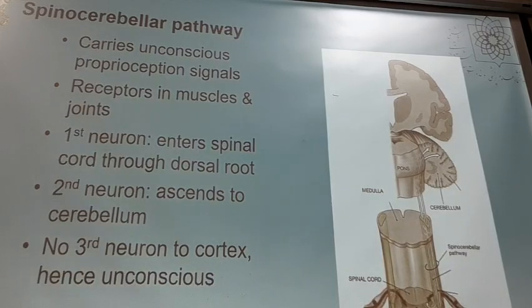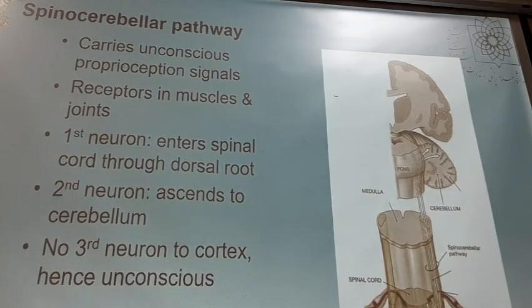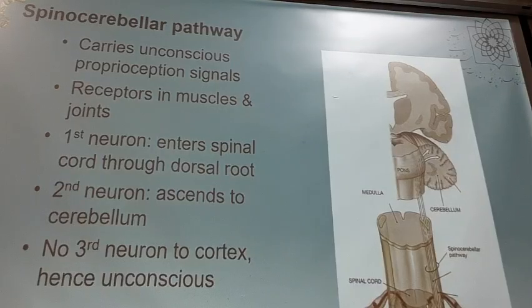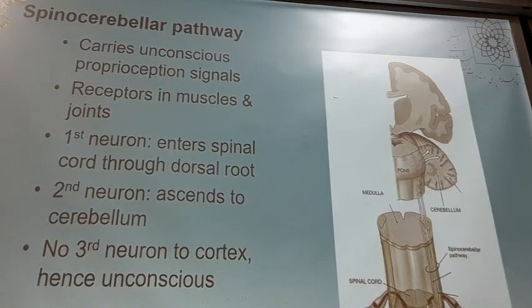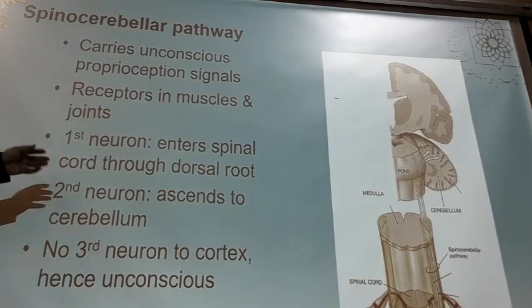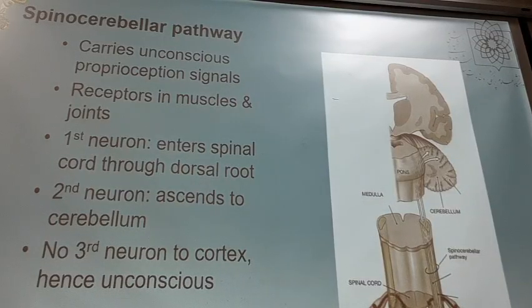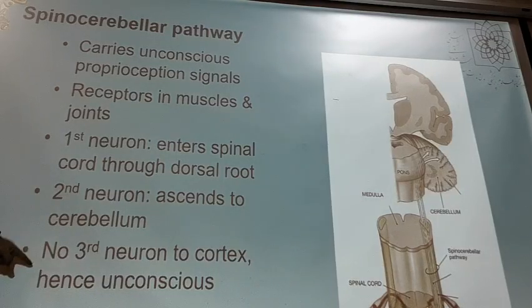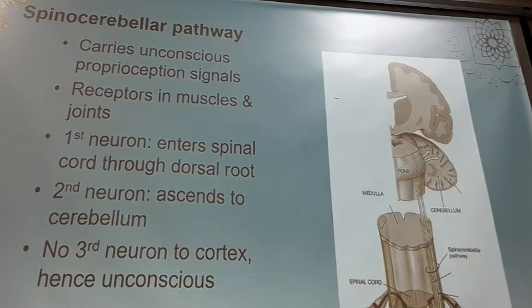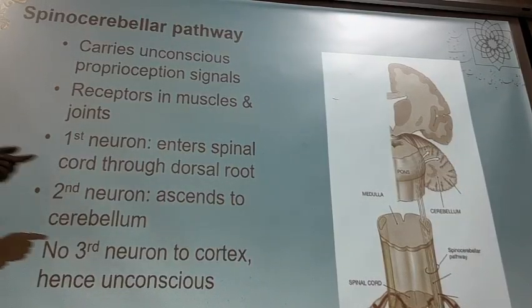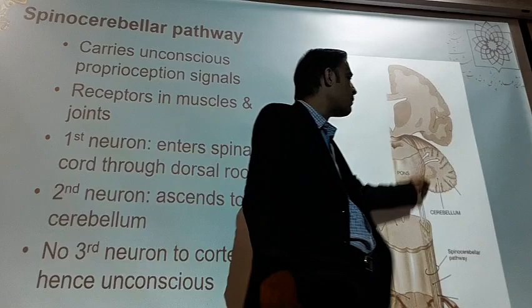And you will see in the cerebellum, when Dr. Jafari tells you about the cerebellum function, that this pathway is important. Therefore, you know which part of information this pathway sends. Take a look at the first order neuron, second order neuron, and third order neuron. First order neuron enters the spinal cord and ascends on the same side to the cerebellum.